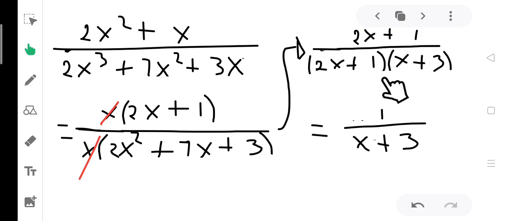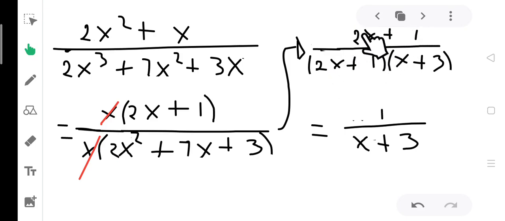Then, after that, we're going to look for the common factor. In the numerator, we have 2x plus 1, and 2x plus 1 in the denominator. So the common factor is 2x plus 1, in the numerator and in the denominator.